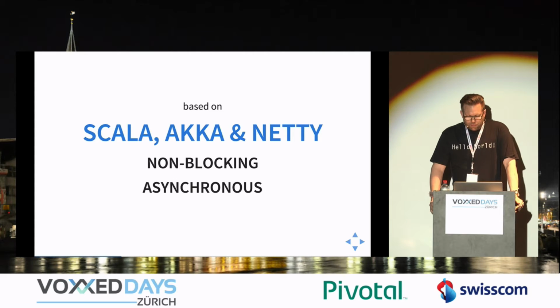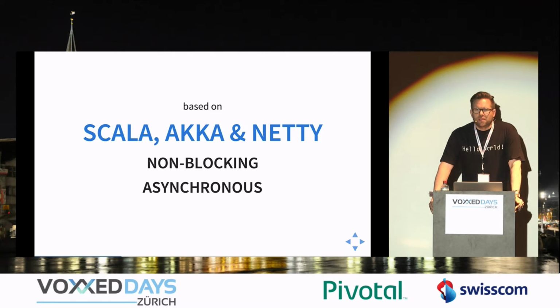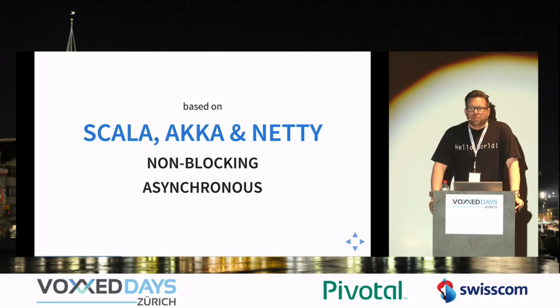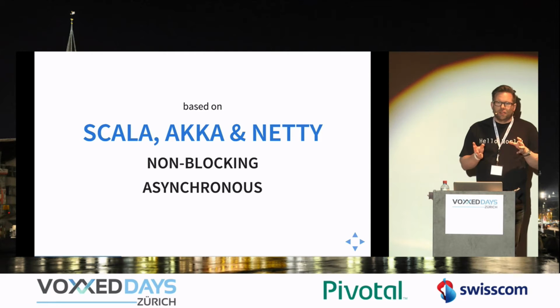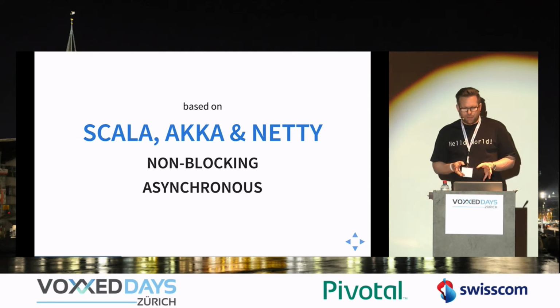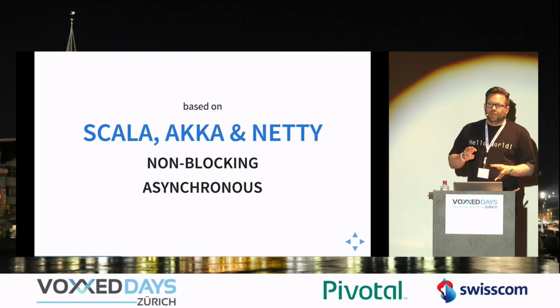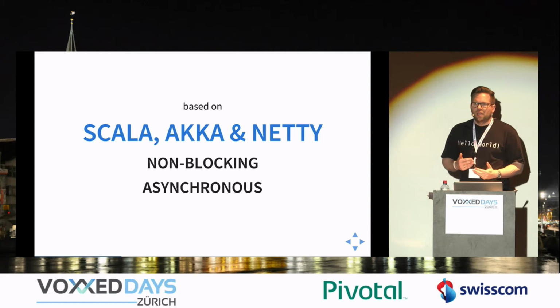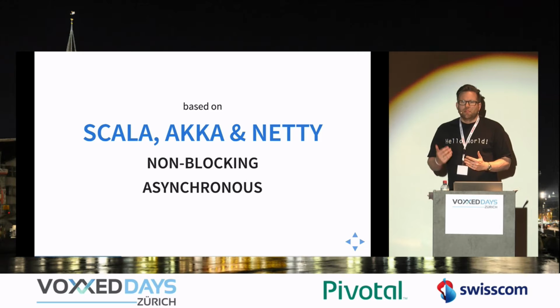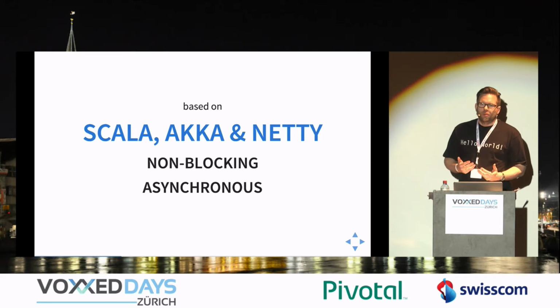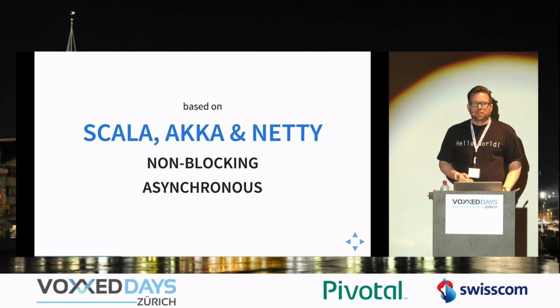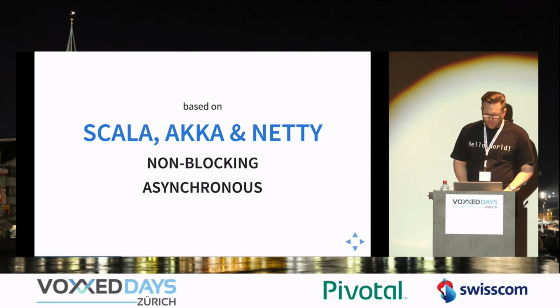Because it's based on the Netty IO framework, you are not bound to executing threads at one parallel time. You have in Netty this event loop, and you can initiate a very high load of parallel requests and test your application.